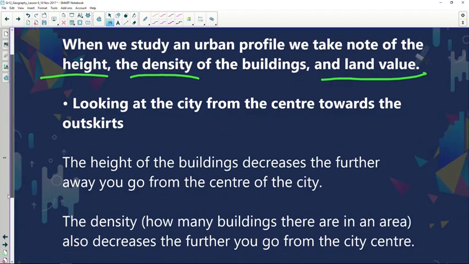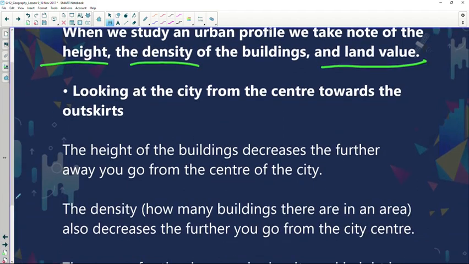The density, the amount of buildings, also decreases from the CBD. Keep in mind, if you look at the CBD, the amount of blocks of flats over there, once again, if you look at Johannesburg, you go to Hillbrow, the Ponte, there's probably 800, 900 people living in a block of flats over there. So the density, the amount of people, also decreases as you move further away from the CBD.